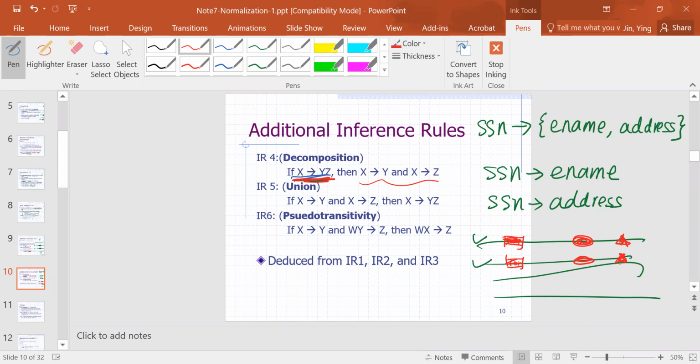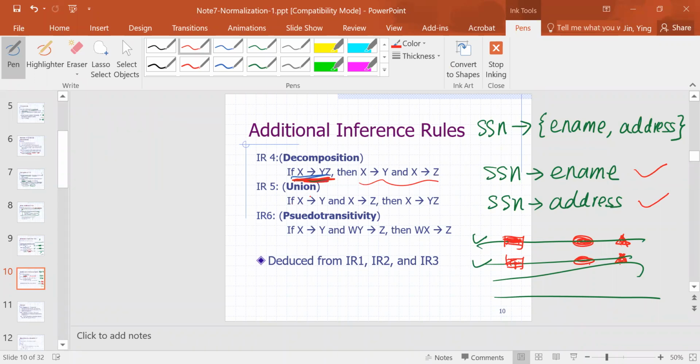Remember, according to the definition, whenever they are the same, then it means we have this functional dependency. This functional dependency is true. And then if we have the same SSN, we have the same address, which means this functional dependency also is there. So that's for this one.